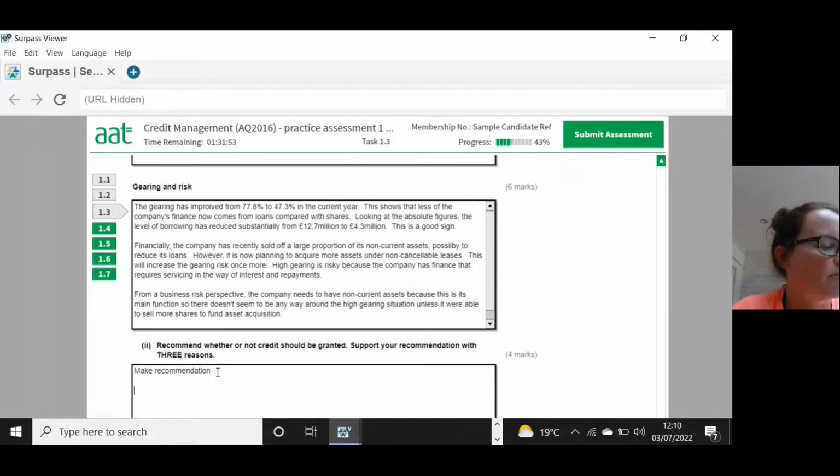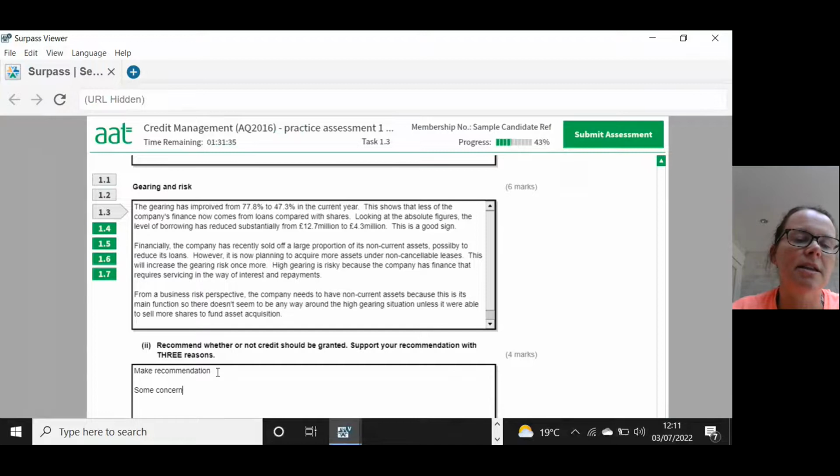So the first one will be on profitability. Profitability margins. No, hang on, what should we say?